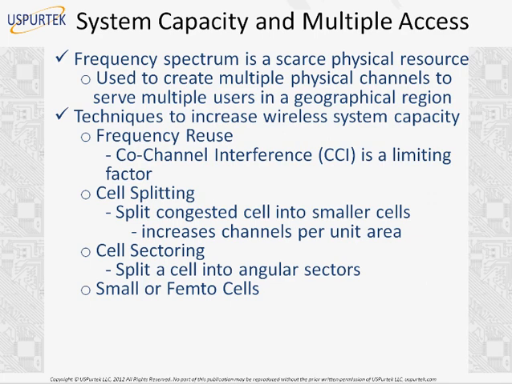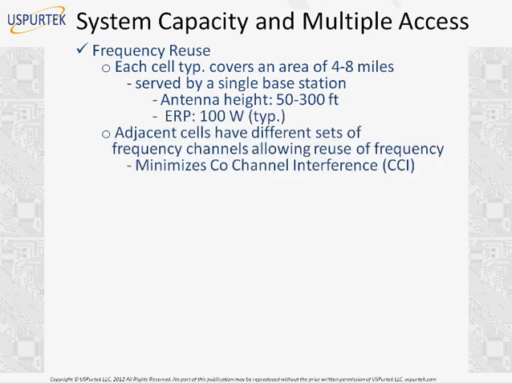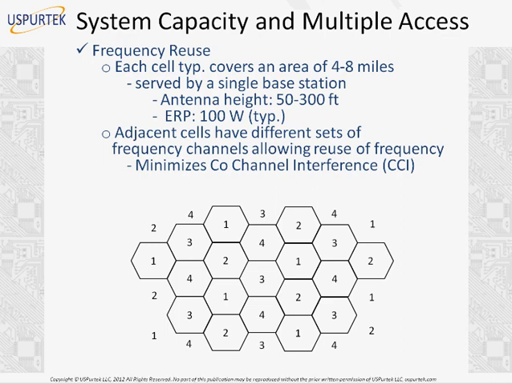Then we could split a cell into smaller cells to increase channels per unit area, and we could even sector the cell into angular sectors. Then the latest on the scene with 4G wireless communication is small or femto cells. We could even reduce the area served by a cell to achieve more system capacity. Now let's see how we achieve that.